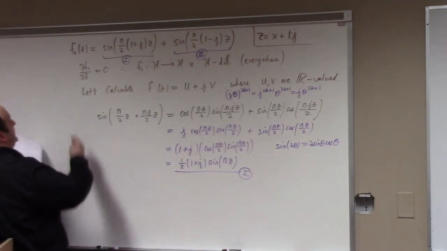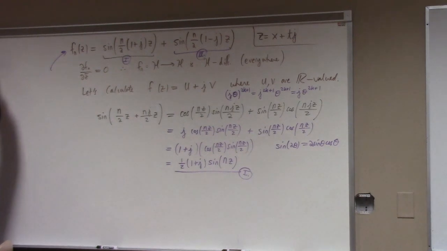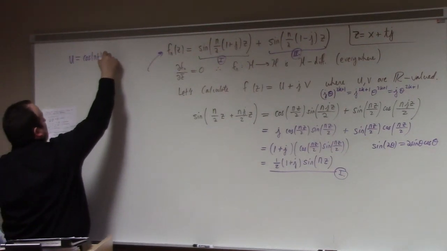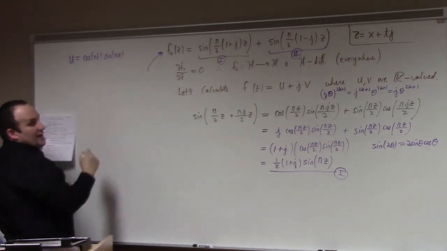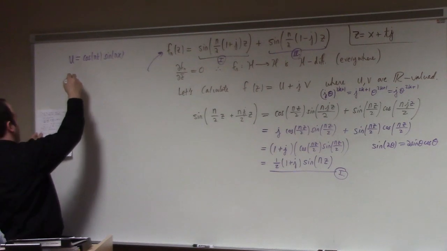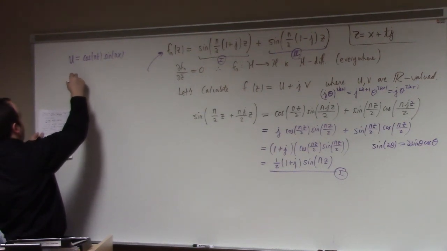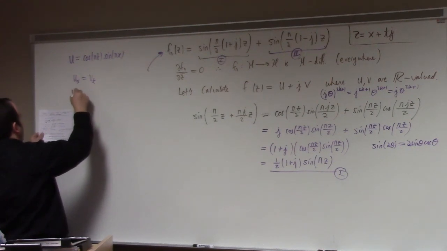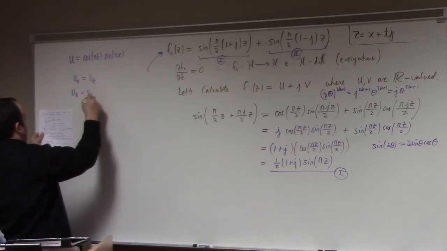But the way I found this, all right, guys, was I started with u equal to cosine nt sine of nx, right? And then I just solved the Cauchy-Riemann equations. I set ux equal to vt, and I set ut equal to vx.